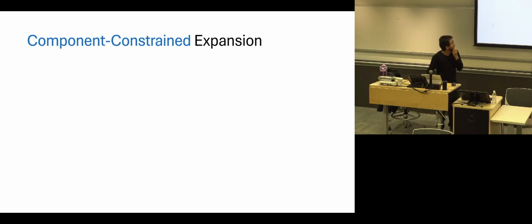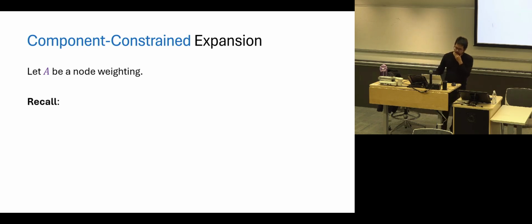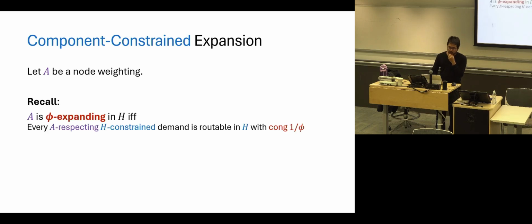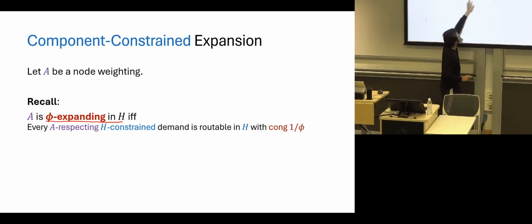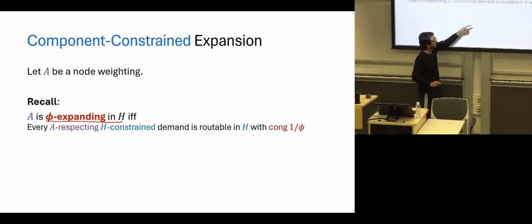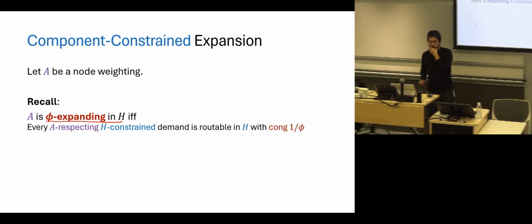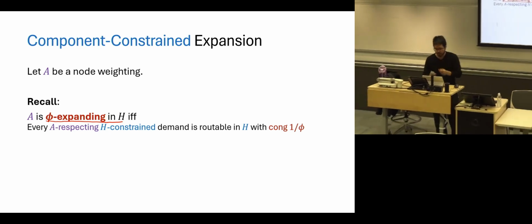Now we can talk about component constraint expansion. So when we have a node weighting A, note that A is phi expanding in H. It's just the same thing as saying that every A respecting H constraint demand is routable in H with congestion 1/phi.